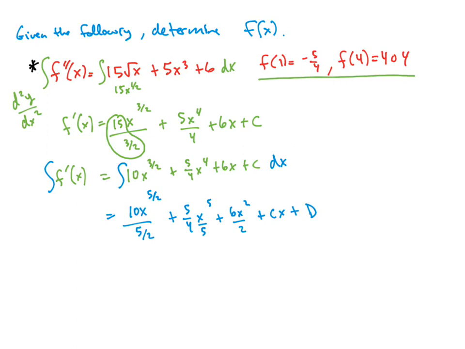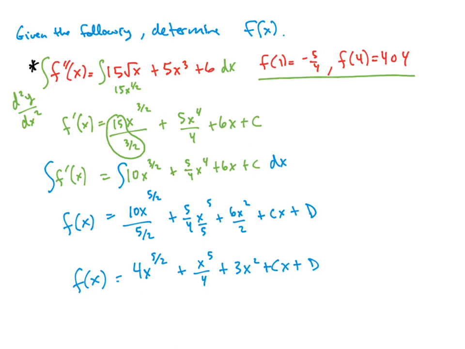So before moving on, I'm just going to simplify some things here. So this is our function. 10 divided by 5/2, that's the same as 10 times 2 over 5. So 10 times 2 is 20, divided by 5 is 4. So this is 4x to the 5/2 plus 5 over 20, or 1/4, x to the 5th divided by 4 plus 3x squared plus cx plus d.